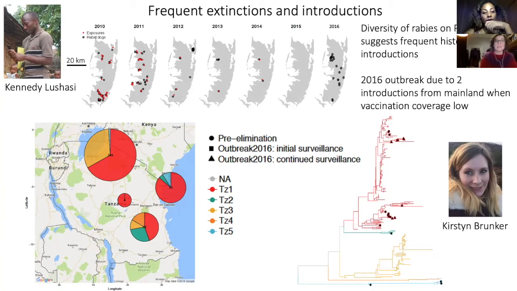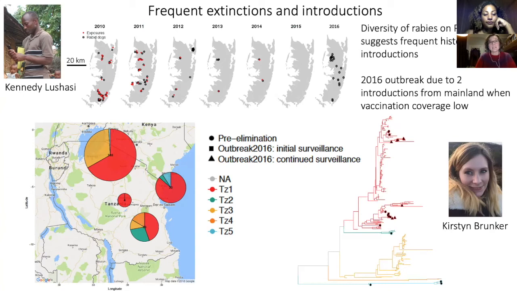And actually they were more closely related to lineages that were introduced from the Tanzanian mainland. And if we look back a little more historically at the samples that we sequenced from Pemba, we see that on the island there's quite considerable rabies diversity, which we think is the result of introductions that have come to the island from different points across the East African coast.